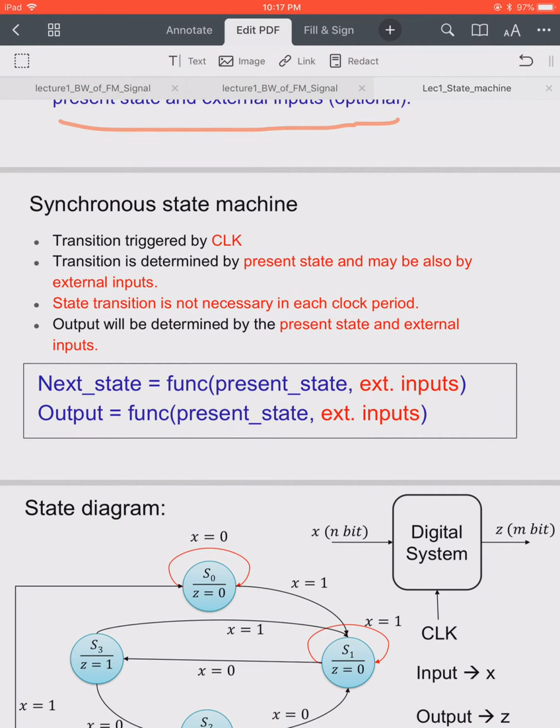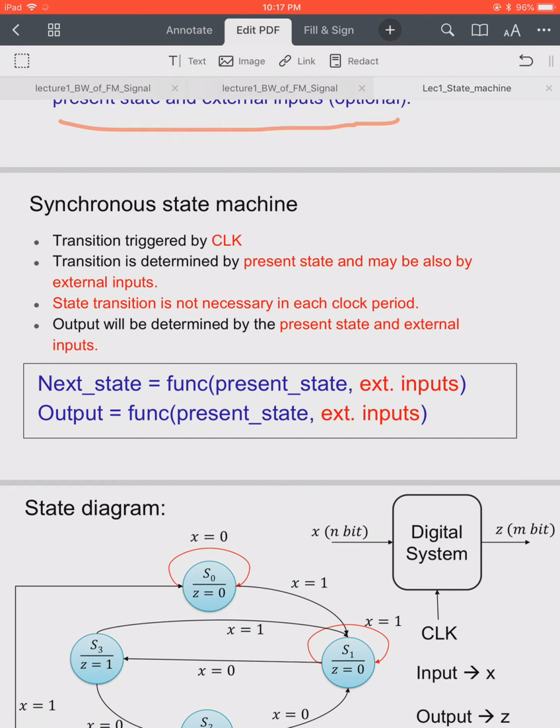It may happen that the state machine only has a finite number of predefined states and no inputs, but changes its states based on the triggering. In general, there may be some external inputs, so the transition is determined by the present state, obviously, and maybe also the external inputs.